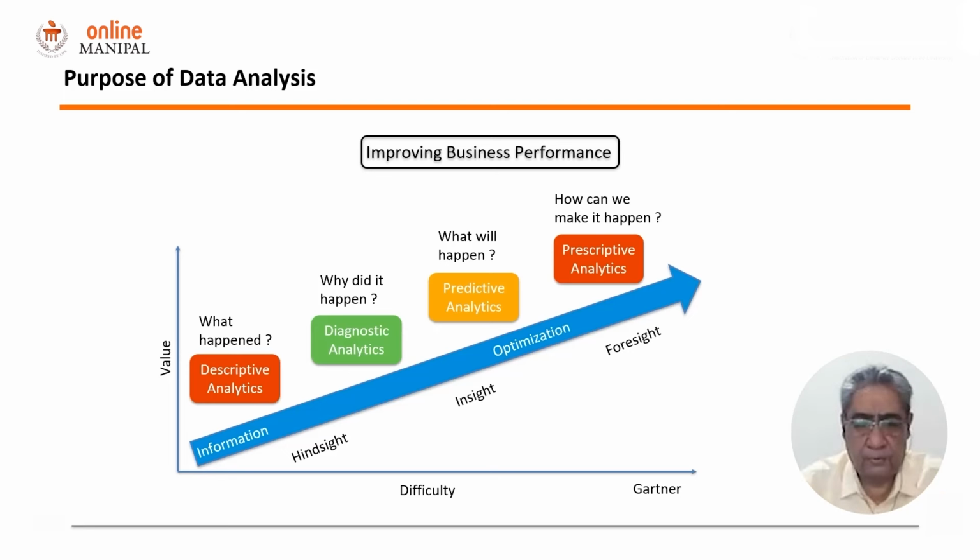So we move from hindsight to insight, which is diagnostics and predictive analytics, to foresight, which is prescriptive analytics. As you can see, as the value of your analytics activity increases, so does the difficulty of performing that kind of analytics. So the goal is to move from information to optimization.